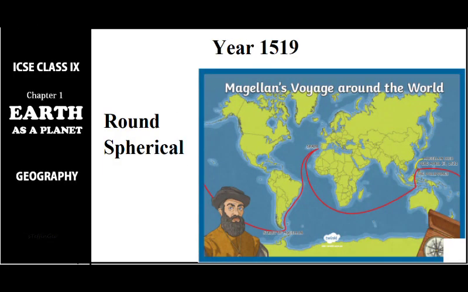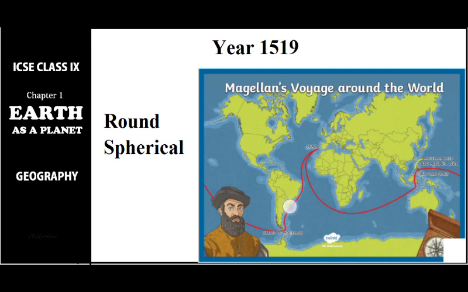Later, in 1519, Ferdinand Magellan had a voyage around the Earth. He started from Europe, then circled around the Earth through oceans like the Atlantic Ocean, Indian Ocean, and Pacific Ocean, and again returned to the same place. This one voyage marked an important thing: it showed that the shape of the Earth is spherical.